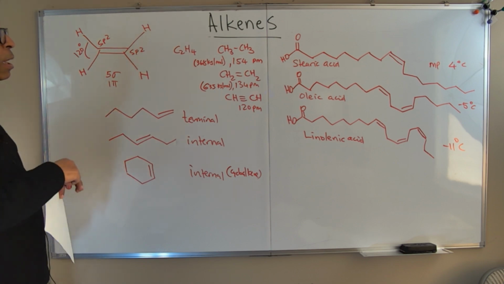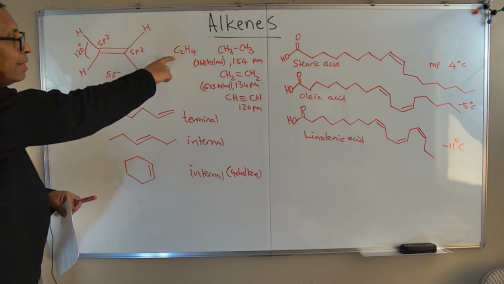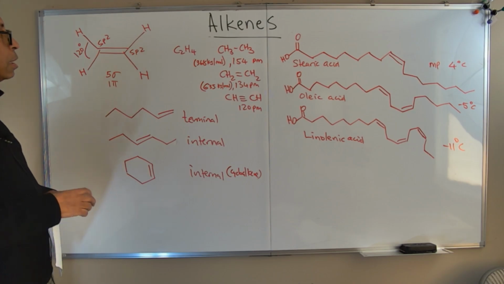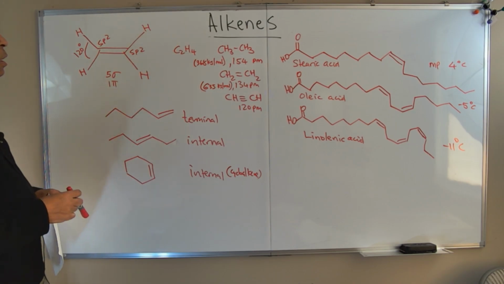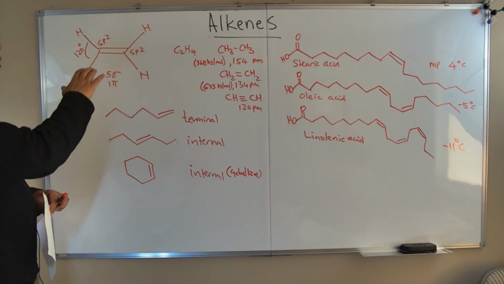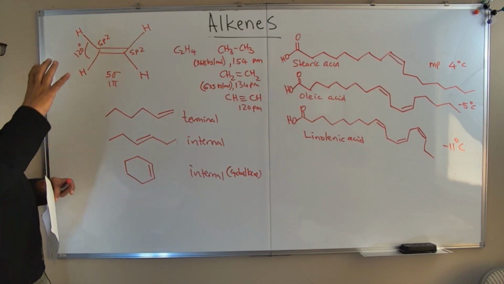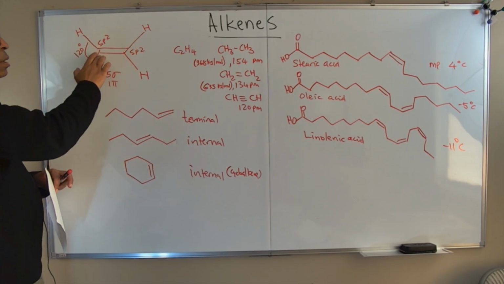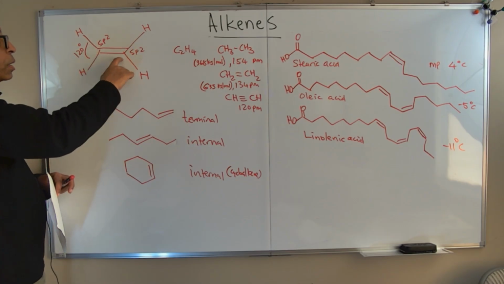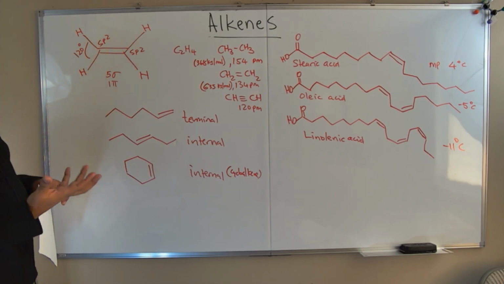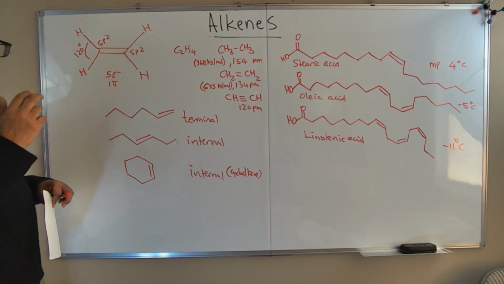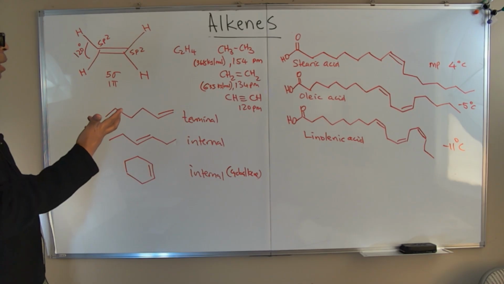If we take the simplest alkene, which is ethene, that is C2H4 formula with 1 degree of unsaturation, obviously. The bonding between these two carbons is 1 pi bond and 1 sigma bond, which makes a double bond. So the double bond in alkenes is made of 1 sigma and 1 pi.